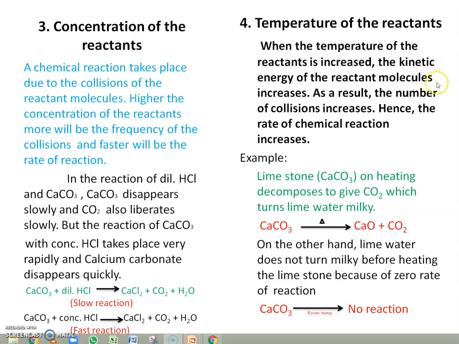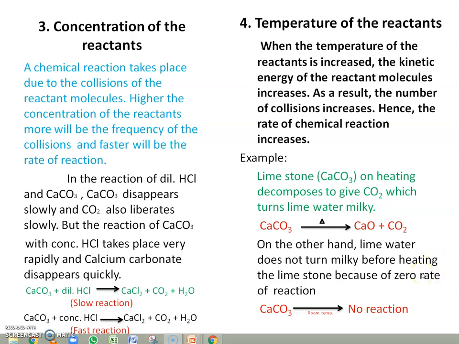For example, when calcium carbonate, meaning limestone, is heated, it decomposes to give carbon dioxide, which turns lime water milky. On the other hand, lime water does not turn milky before heating the limestone because of zero rate of reaction.